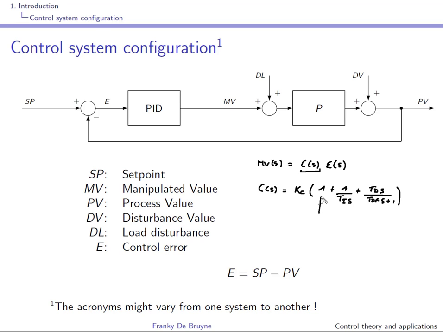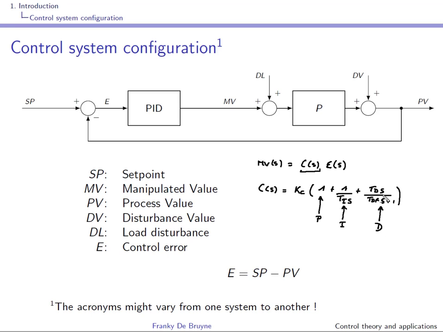And you can already recognize that there are three actions. This one is the proportional action. You can see that the output is proportional to the error through this term over here. This is the integral action, because we have a 1 over s, and that's an integrator. And here we have the derivative action.